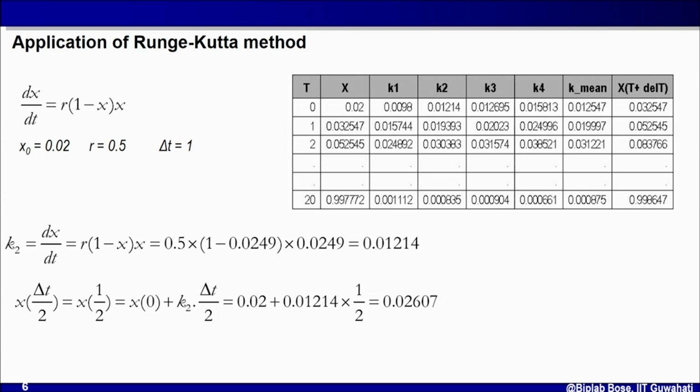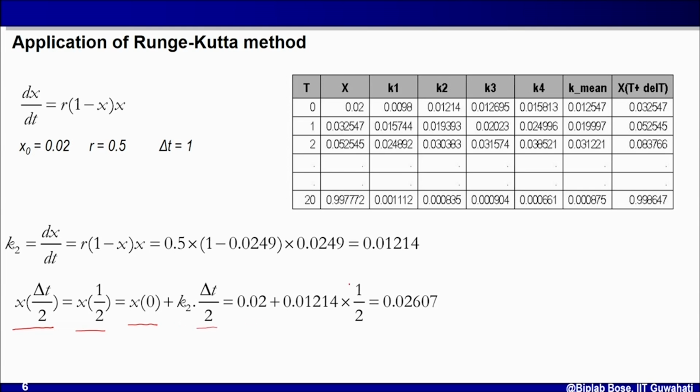Using the slope k2, I will draw a line from the position of x at t equal to 0 and extend it so that it reaches up to delta t by 2. So the value of x at delta t by 2, where 1 is the delta t, will be the value of x at 0 time point plus k2, because now I will use the slope k2 into delta t by 2.